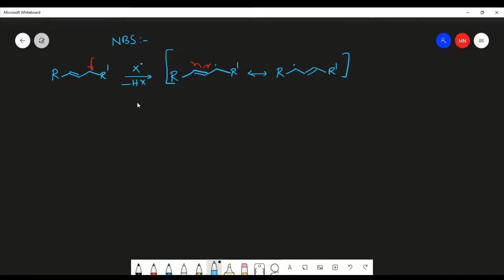After the reaction with halogen, you can have a mixture of products: one with the halogen coming over here, and the other product like R, X, double bond, R dash. So in effect, you will get a mixture of products after rearrangement.